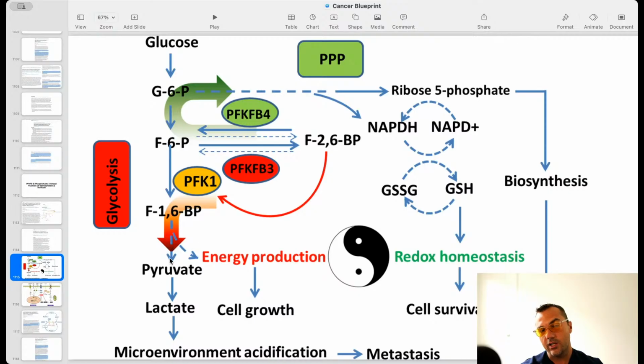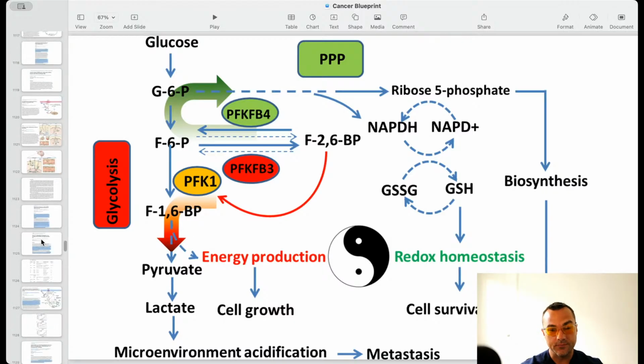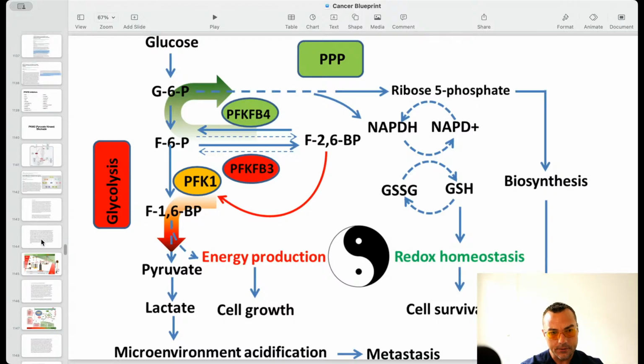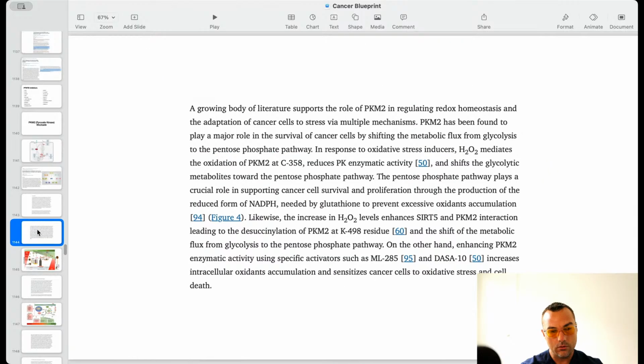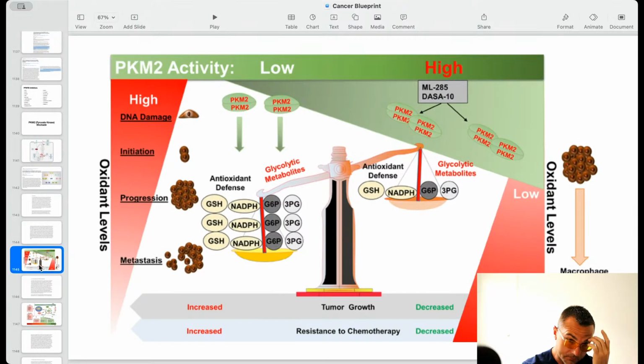It's going to be reversed back to the PPP so that we can make NADPH, so we can recycle glutathione. Hopefully, for the cancer cell, what they're thinking is that I want to maintain redox homeostasis. That's essentially what that paper is saying, right in this particular part here. And that is shown by this graphic here.